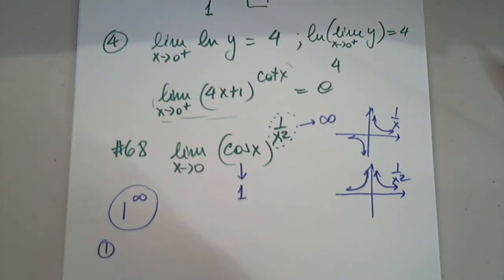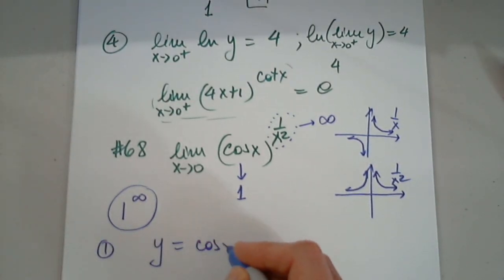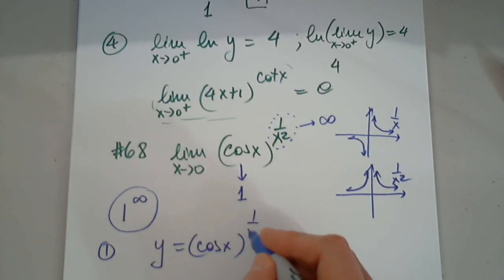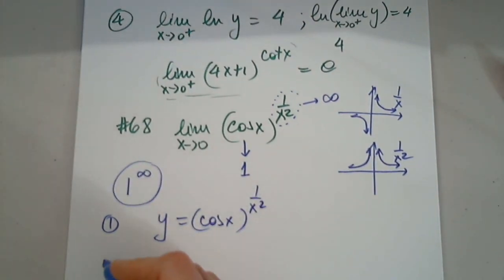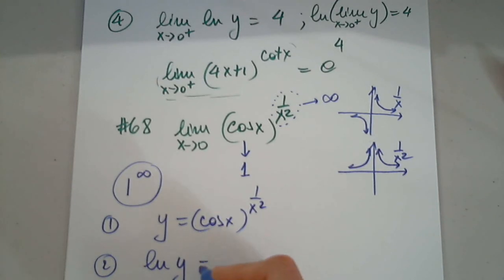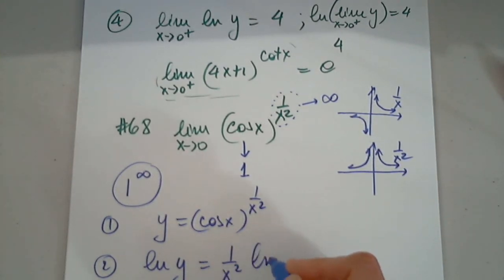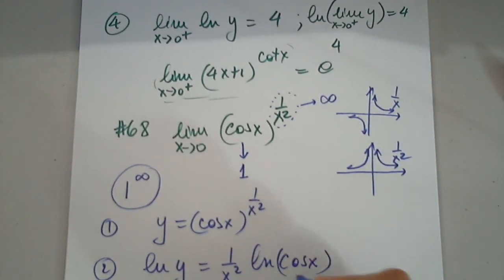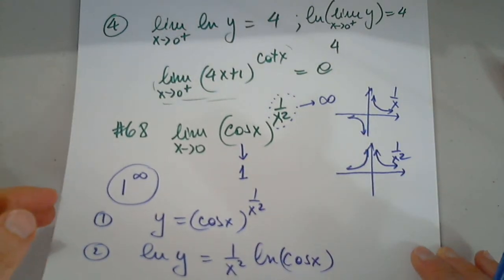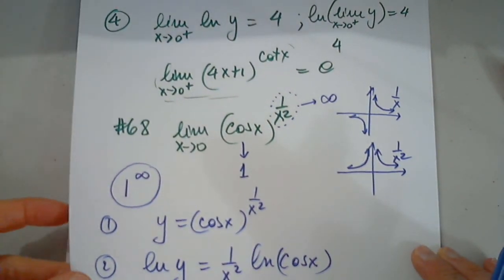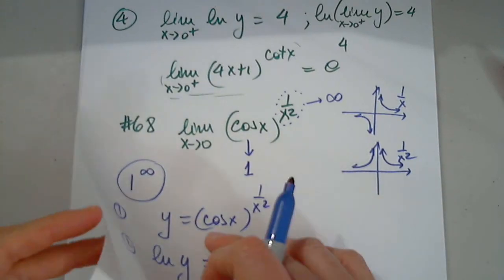So the first step again is y equals cosine x raised to 1 over x squared. Of course, step number 2 is natural log y, which is 1 over x squared times natural log of cosine x. And again, we apply limit to both sides in step 3.